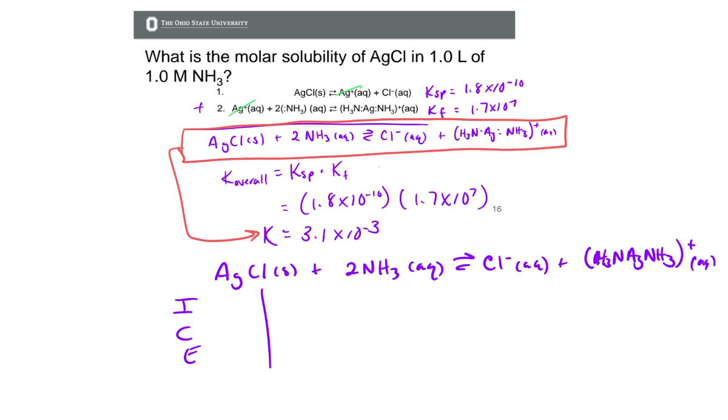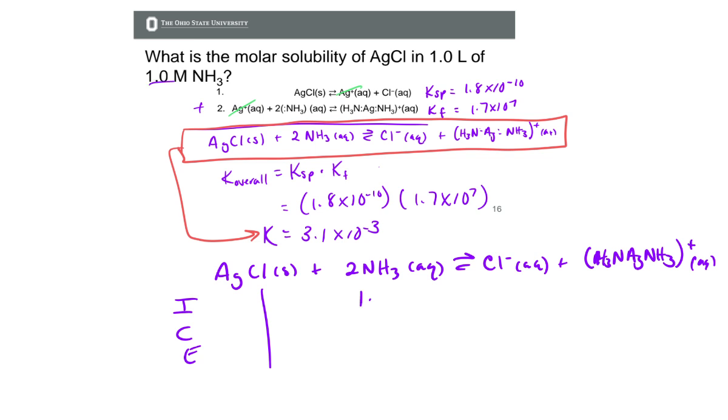We don't include solids in our equilibrium calculations, so I'm just going to draw a vertical line. We're figuring out the solubility of silver chloride in 1 liter of 1 mole per liter ammonia.